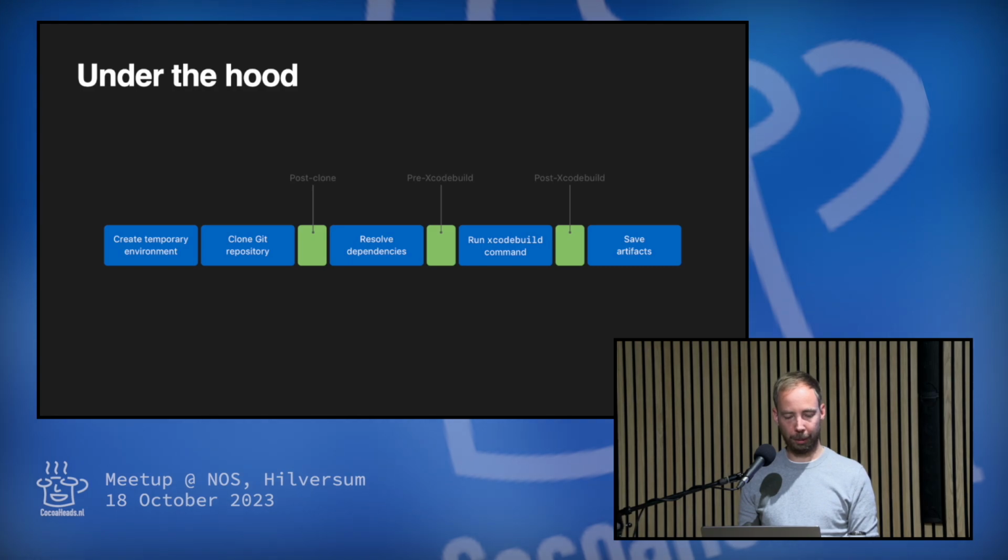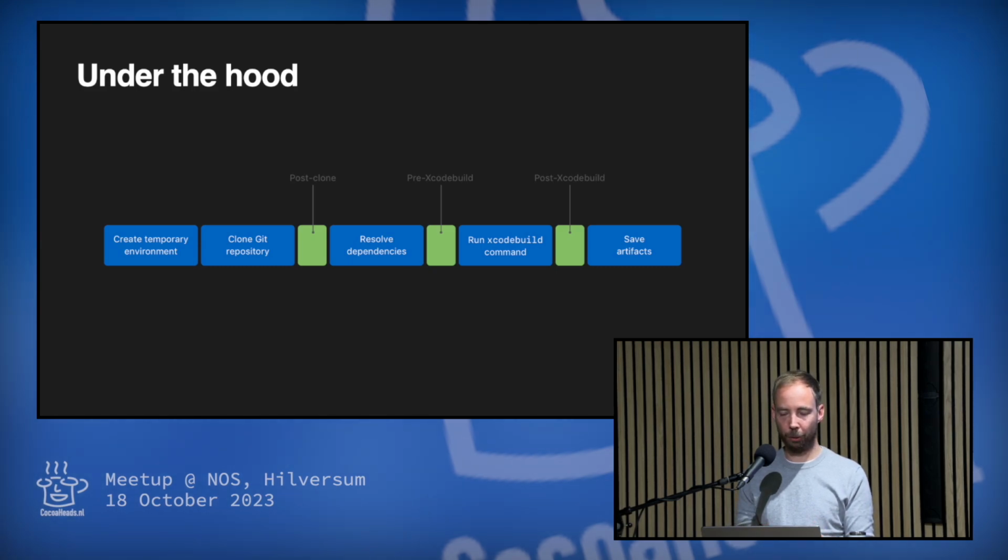So under the hood it looks like this. Xcode Cloud spins up a temporary environment for each build process and clones the repository, and then you have the green steps. Those are build steps. So you have a post-clone step, where a script is run.